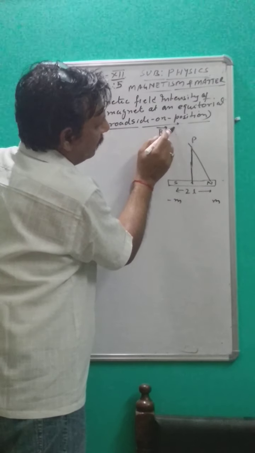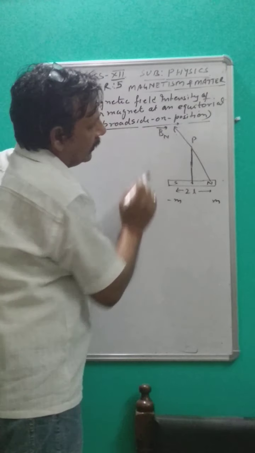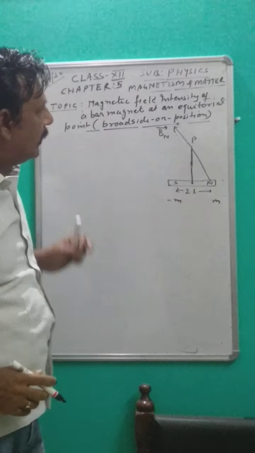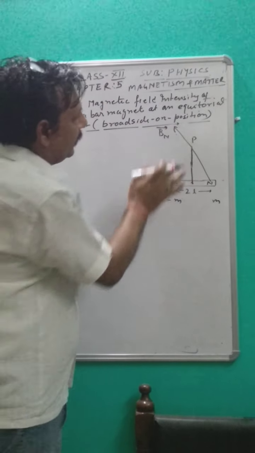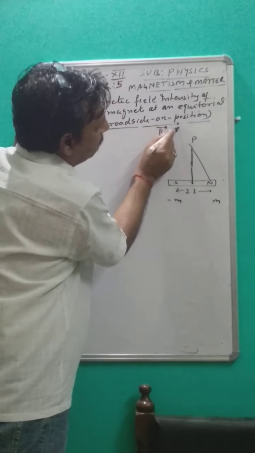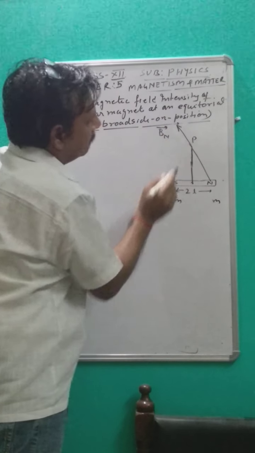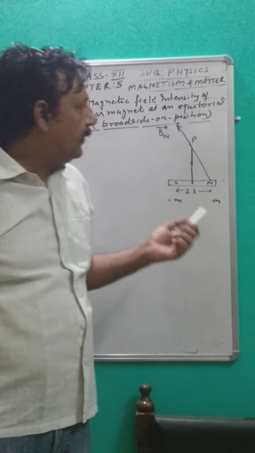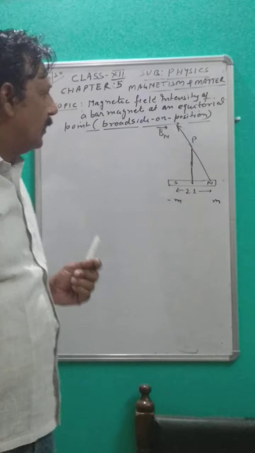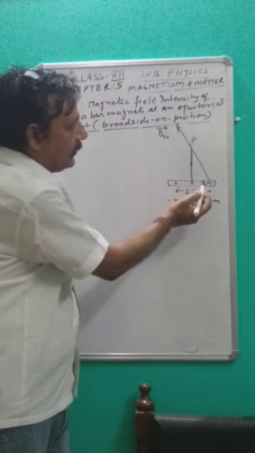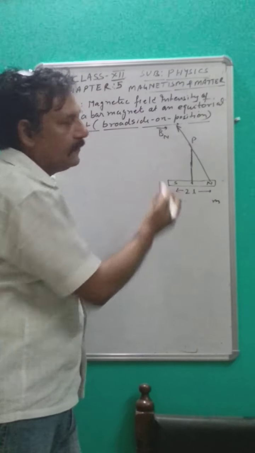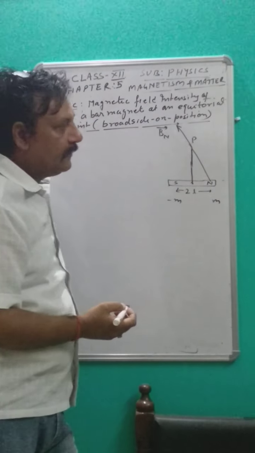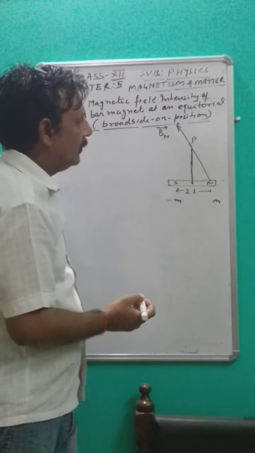If we join the line NP, then the direction of Bn is along NP. We assume that if an isolated positive magnetic charge is kept at P, then like poles repel each other. That is the direction of the magnetic field. So Bn represents the magnetic field at point P due to the north pole.